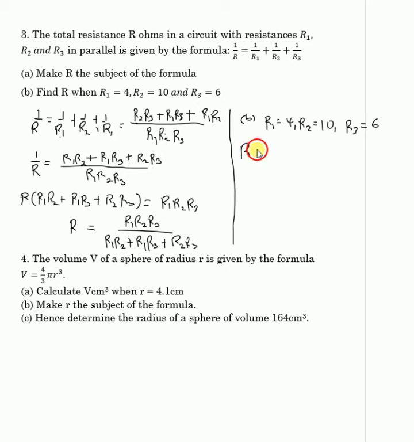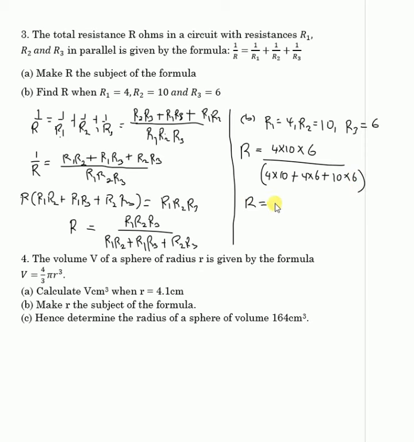This one is supposed to mean that R is equal to 4 times 10 times 6, divided by R1 R2, which is 4 times 10, plus R1 R3, that is 4 times 6, plus R2 R3, that is 10 times 6.